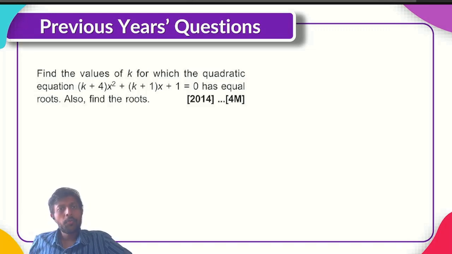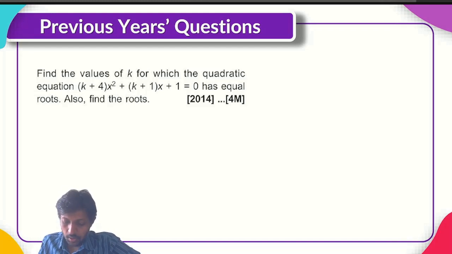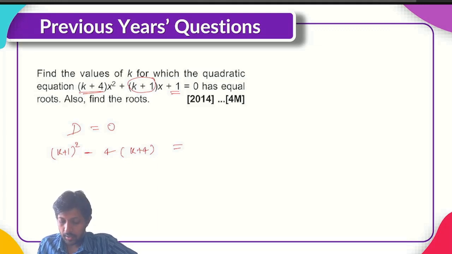Okay. So find the values of k for which this quadratic equation has equal roots. For this quadratic equation to have equal roots, the discriminant must be 0. That means b square, this thing's whole square, minus 4ac, which is 1, so I'm not going to write that, is equal to 0.